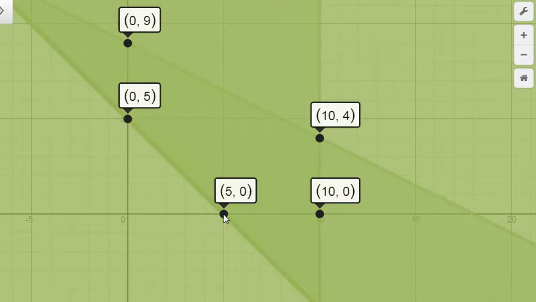So what we could do is plug all those points into the function for q. So I have q of 0, 9, q of 0, 5, q of 5, 0, q of 10, 0, and q of 10, 4.